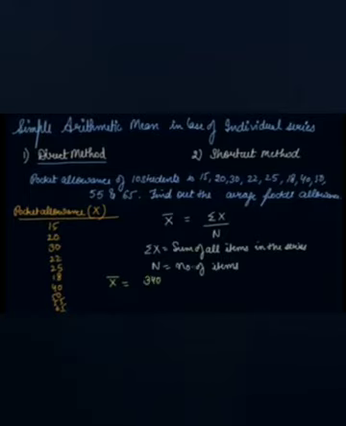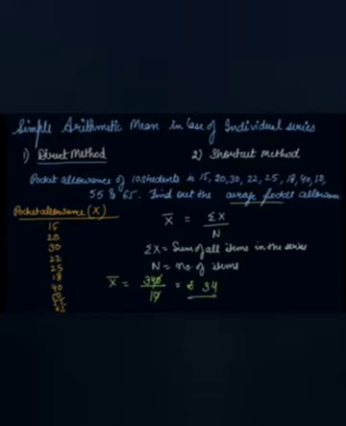The number of items, the number of students, is 10: 1, 2, 3, 4, 5, 6, 7, 8, 9, 10. So dividing this, we get rupees 34 as the average pocket allowance of 10 students. This is the direct method to calculate the simple arithmetic mean.